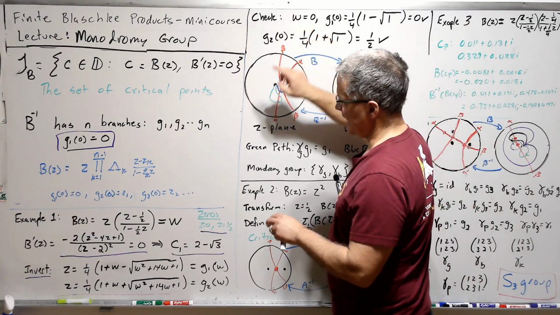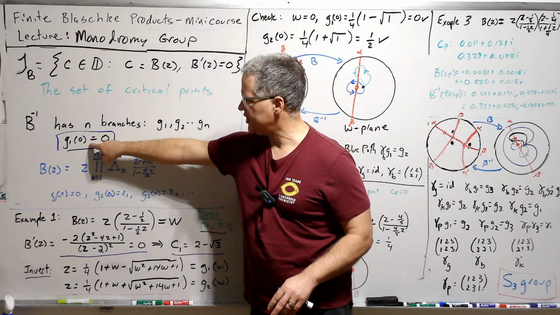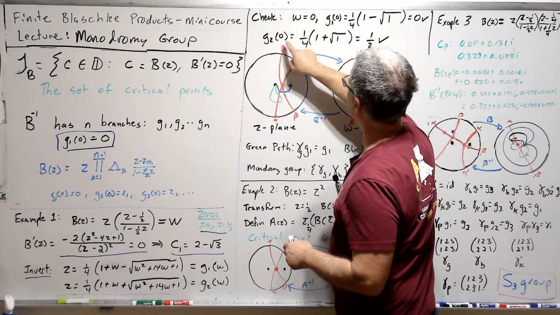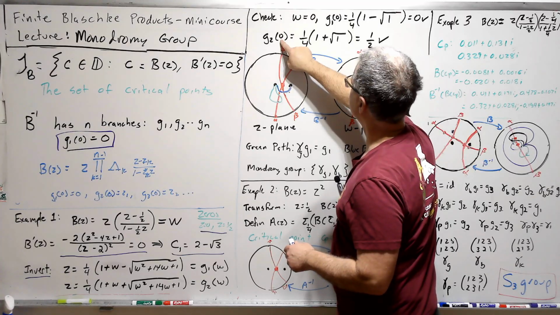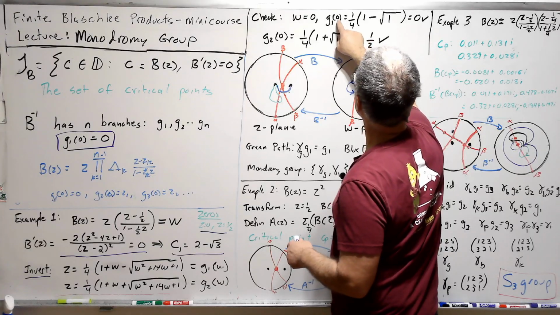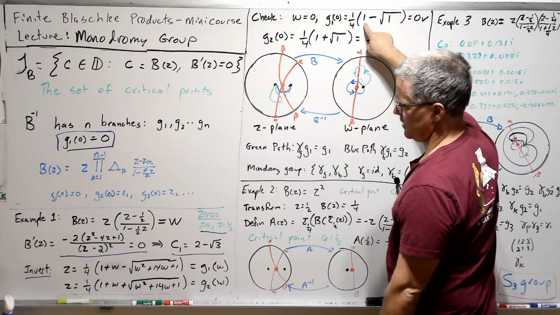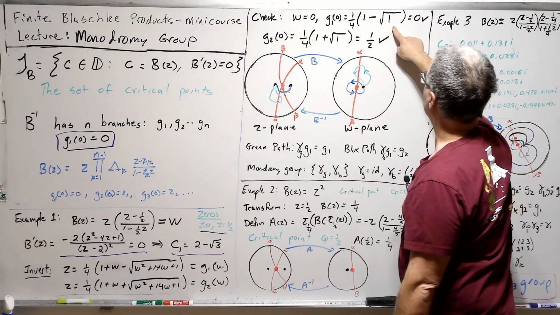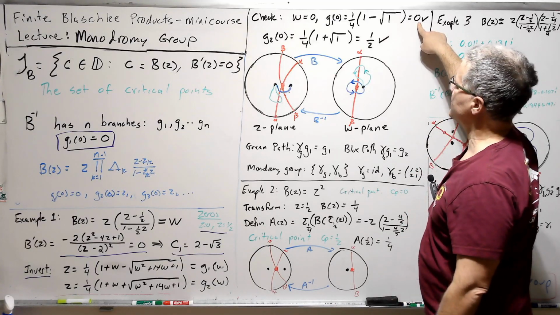So let's just double check on this. We're claiming that we want G1 to be the branch in which the 0 is 0. So let's check that. If we stick in 0 for W here, we're going to get 1/4 times 1 minus the square root of 1, and that does indeed equal 0, so that's the right branch for that one.